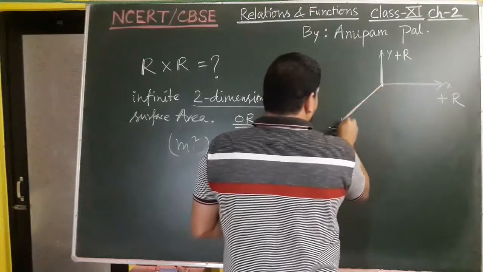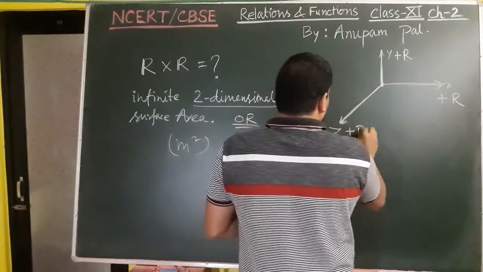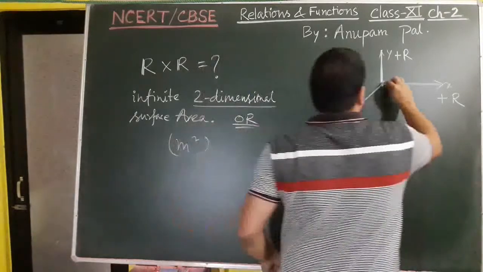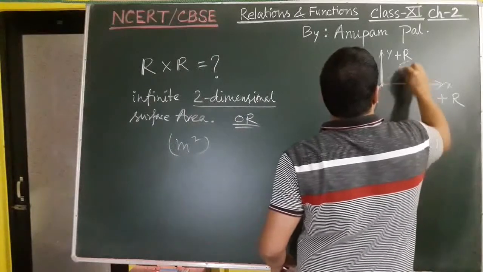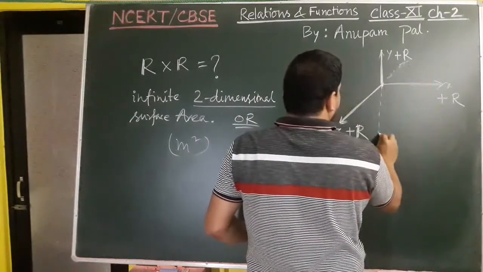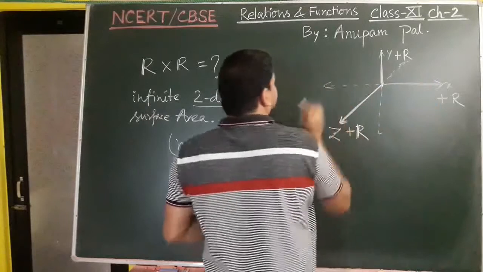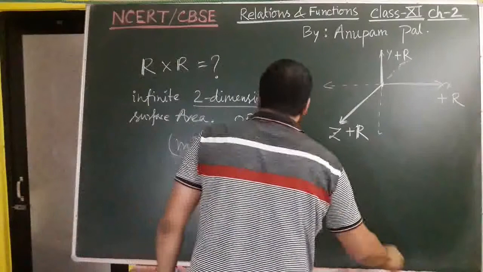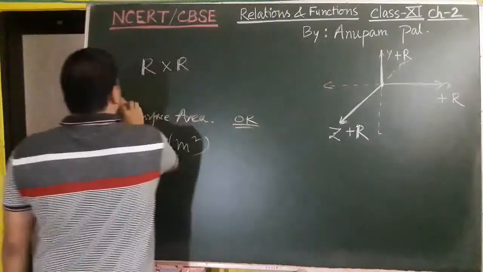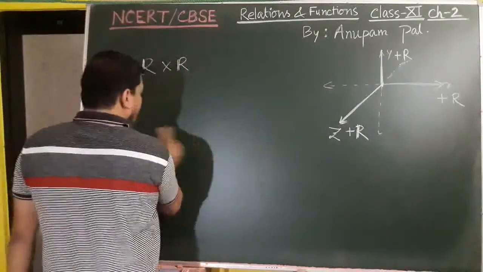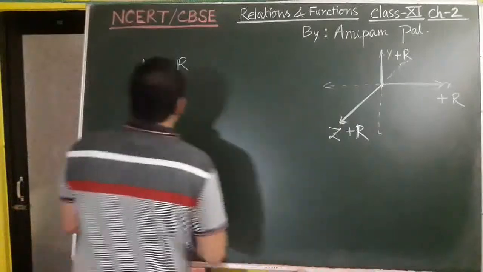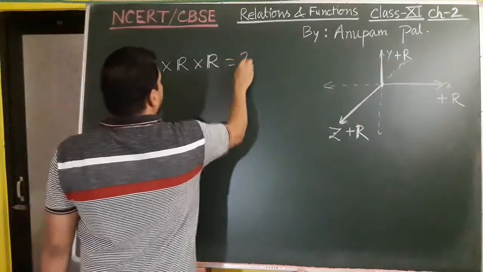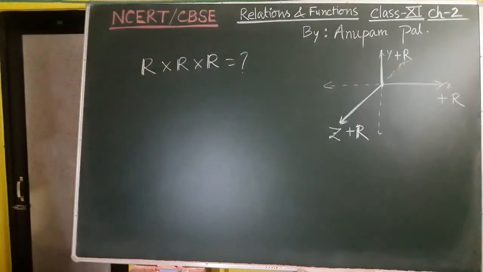So suppose you roll the real axis again, that means plus R in this direction and negative R in this direction, and similarly negative R in this direction. So then what will be R cross R cross R?